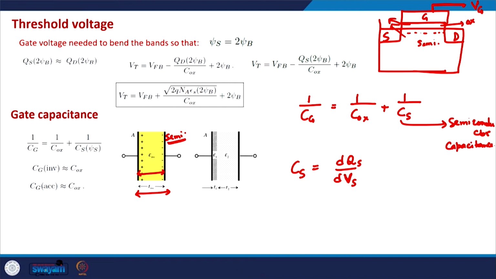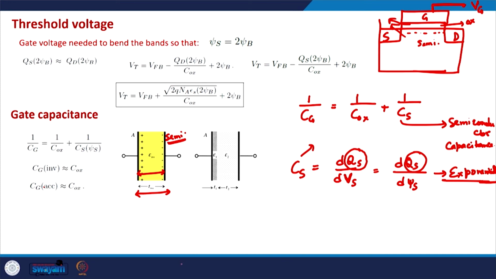In the accumulation and the inversion regimes, as all of us know, Qs is an exponential quantity as a function of psi s. So Cs, which is dQs divided by d psi s, is also an exponential quantity, which means that for large enough accumulation and in strong inversion, Cs is a huge quantity.